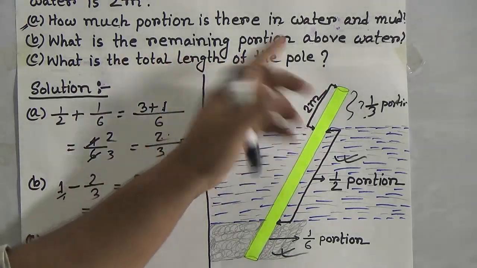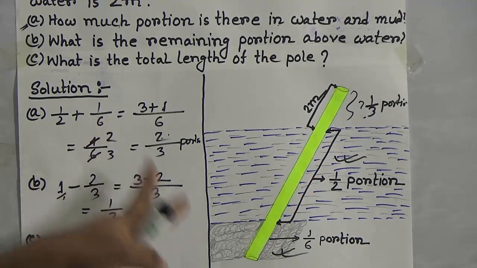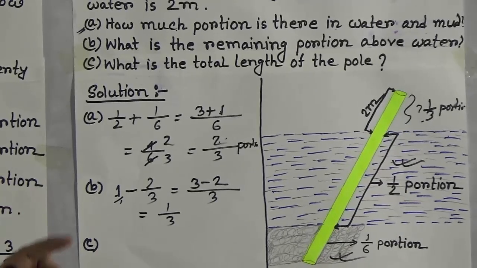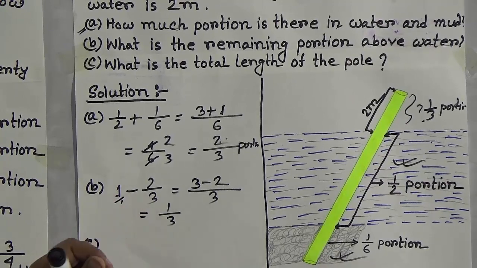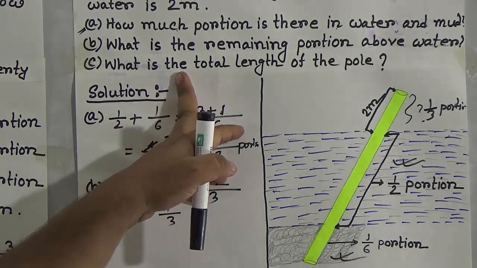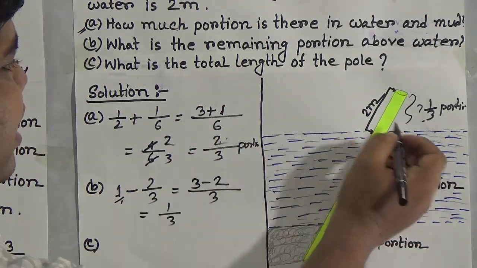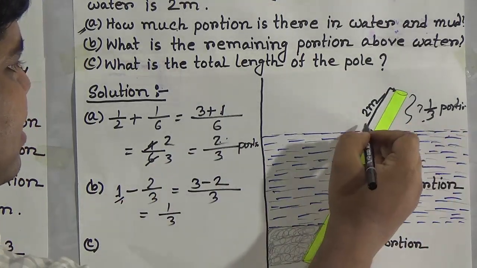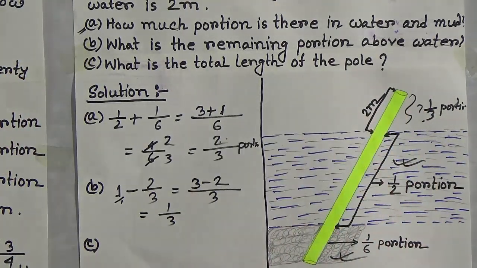What is the total length of the pole? Student, in question B we considered the total length of the pole to be 1 portion, and we find out the length of the pole. From the figure we notice that above water the portion is 1/3 and the length is 2 meter.